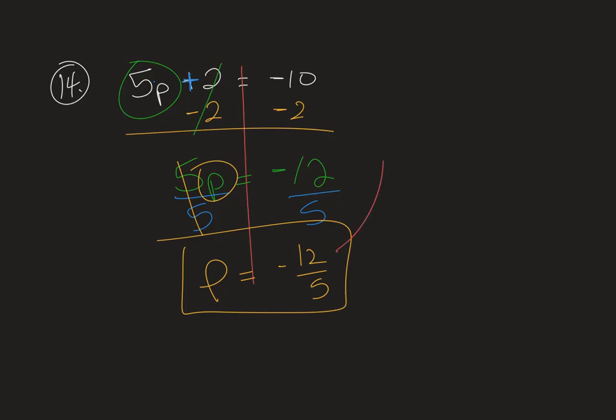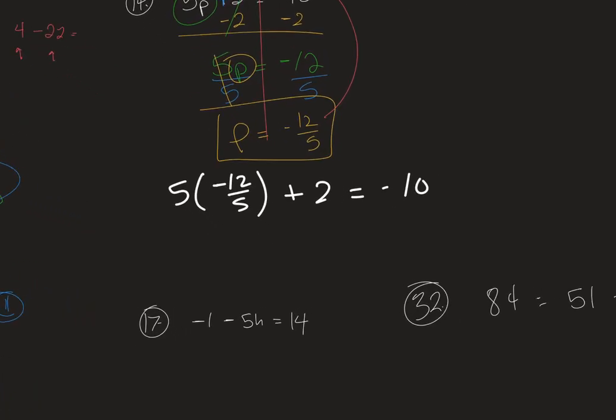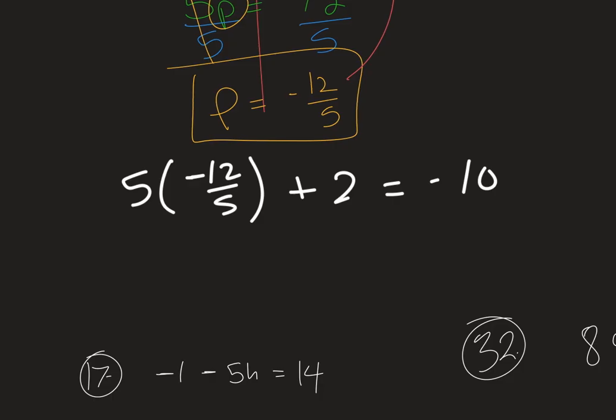We're going to take that and plug it in right there and see, does 5 times -12/5 plus 2, does that equal -10? Well, here we go. Let's zoom back in. This 5, yes, we could go straight across, but here's what happens.